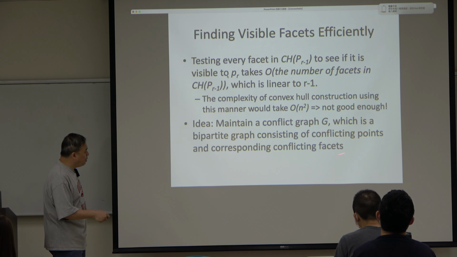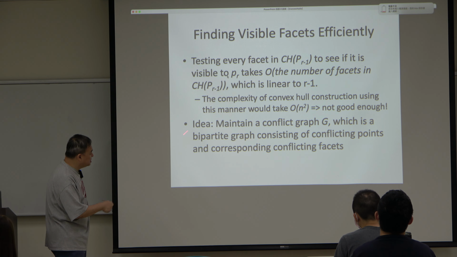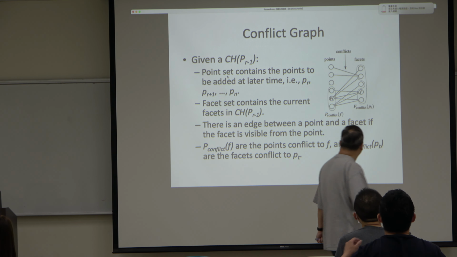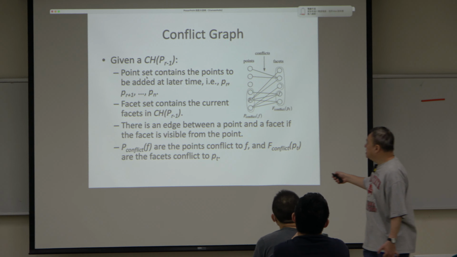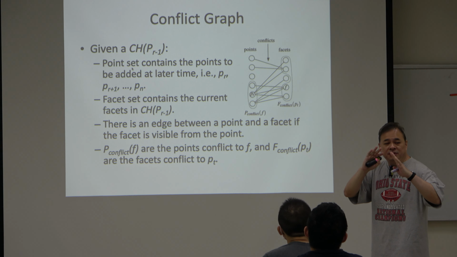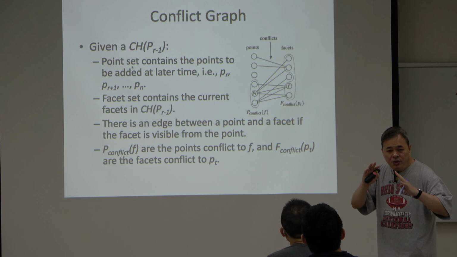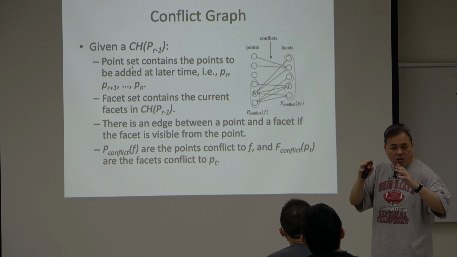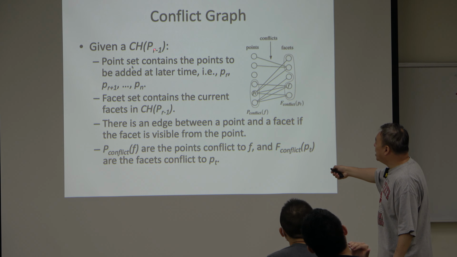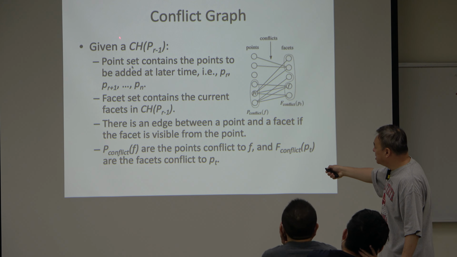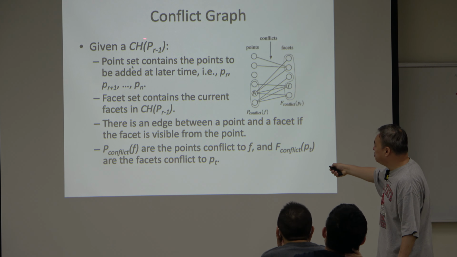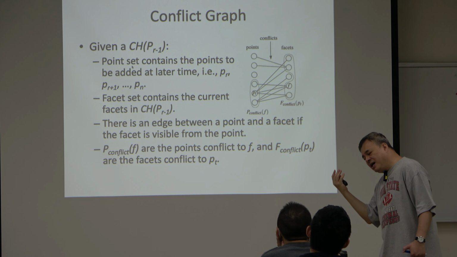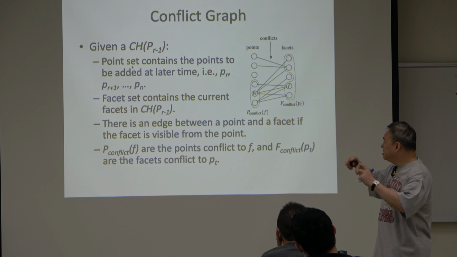So what is this conflict graph? Let me explain here. Let's say up to now we have constructed a polytope of r-1 points. We already have CH(P_{r-1}), meaning we already inserted P1, P2, P3 up to P_{r-1} to create a polytope.